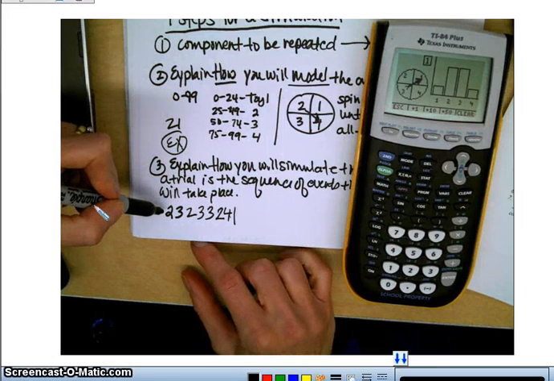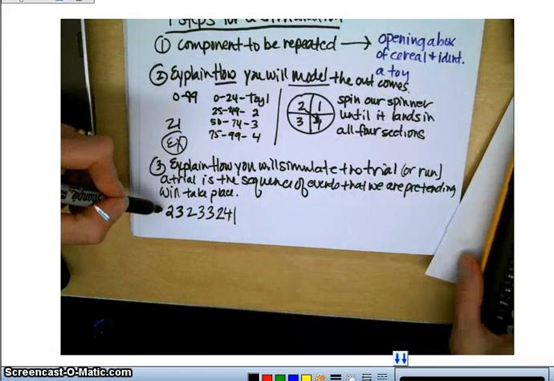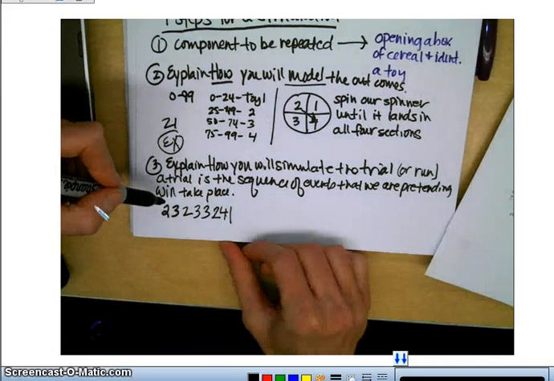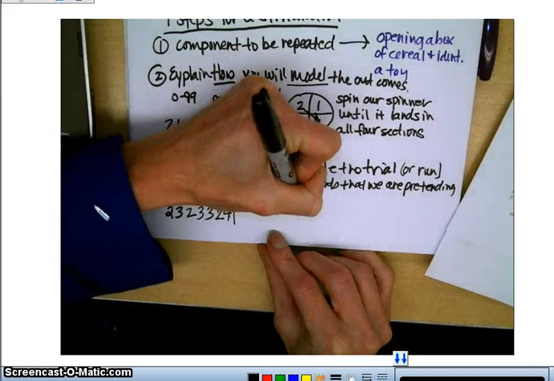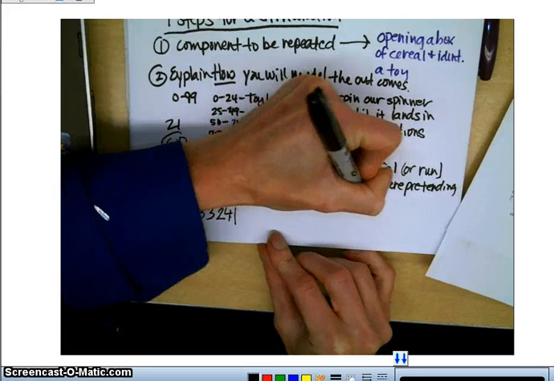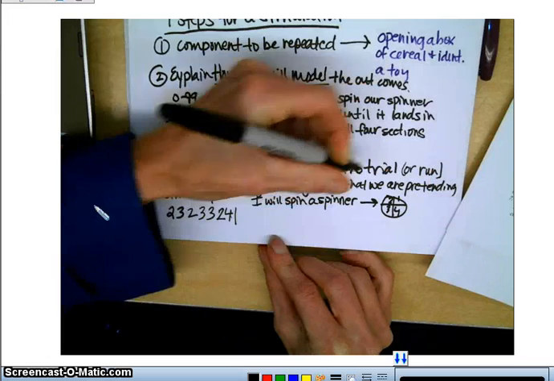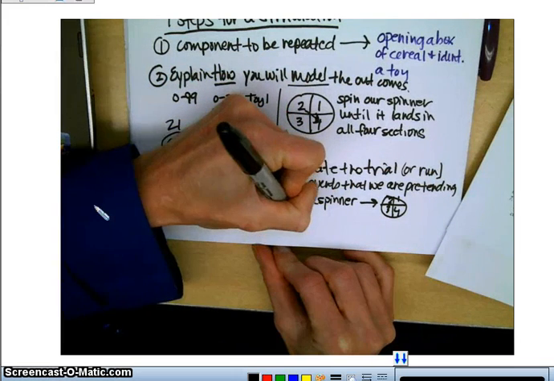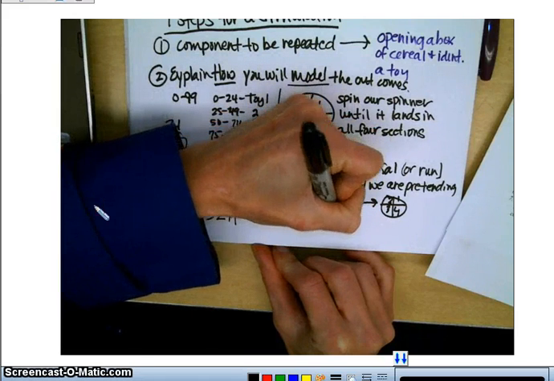I've spun my spinner. So what I did, an example of it, and actually I'm kind of combining a couple steps. So I will spin a spinner, and I draw a picture of the spinner so I don't have to describe 1, 2, 3, 4, until I land on all 4 sections.